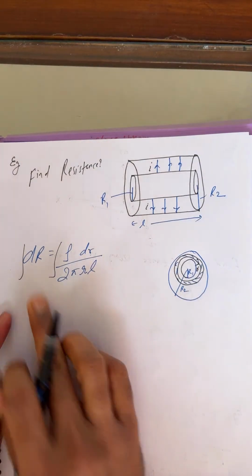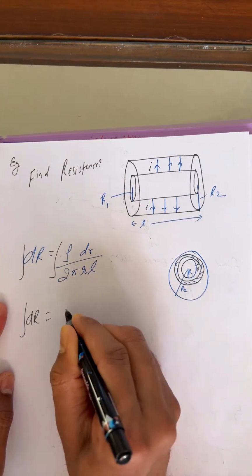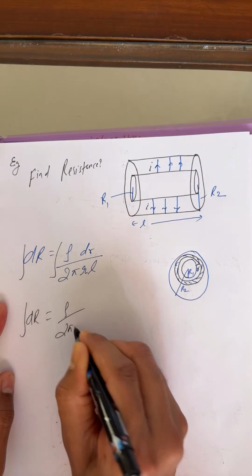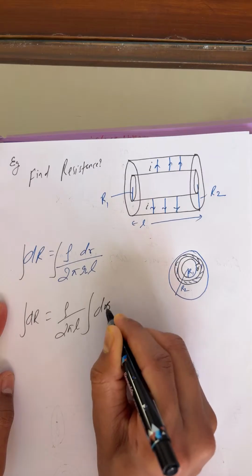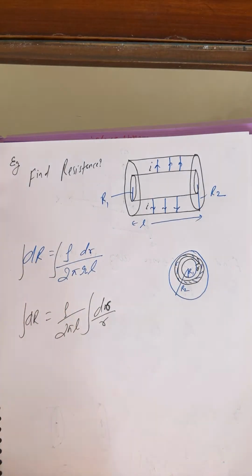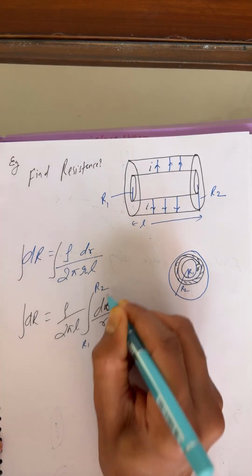in such a condition you can apply the integration principle. So this is the integration of rho dr upon 2 pi l, that is dr upon r, with limits r1 to r2.